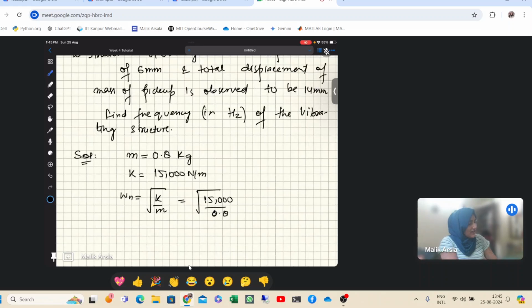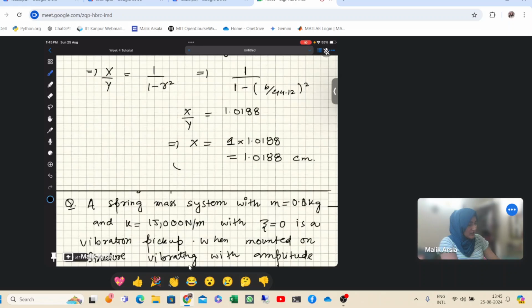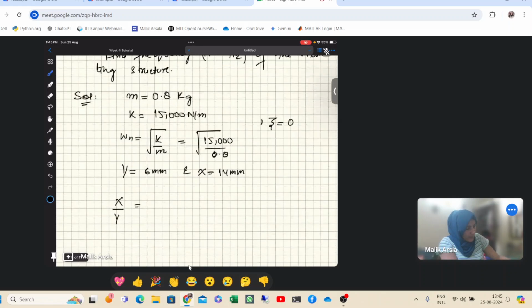Now after that, additional information is that zeta is 0, Y has been given as 6 mm and X has been given as 14 mm. Right. Now, as we know that x by y in case of zeta equal to 0, we just wrote it here, it will be equal to 1 upon 1 minus r square.